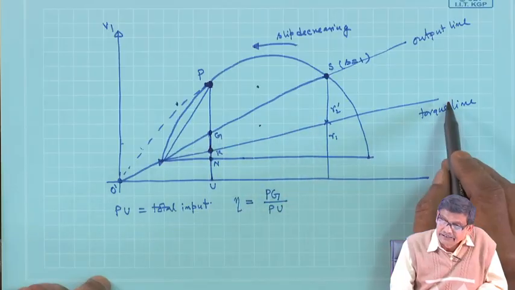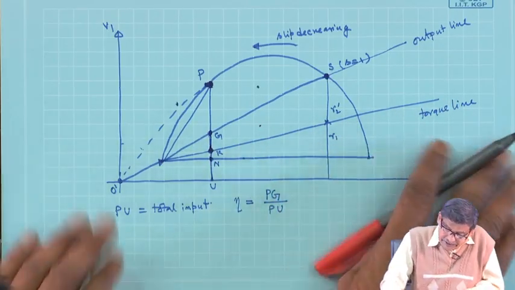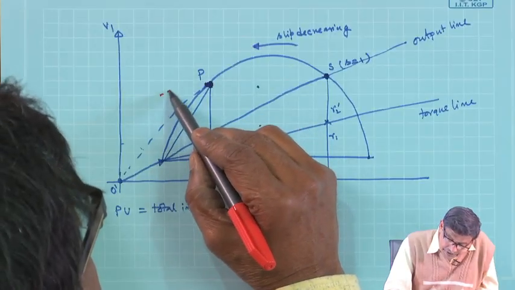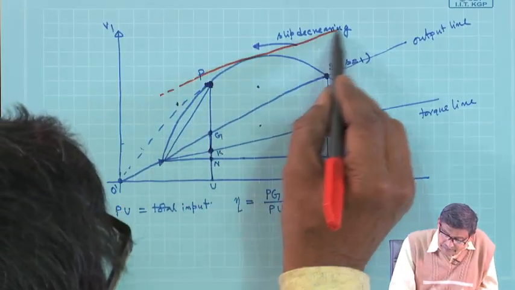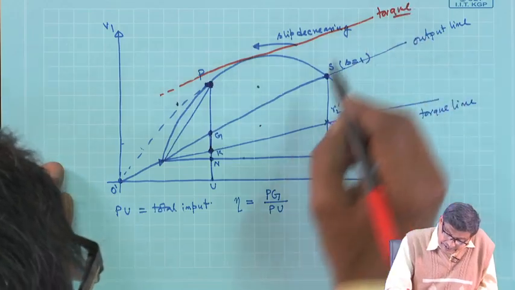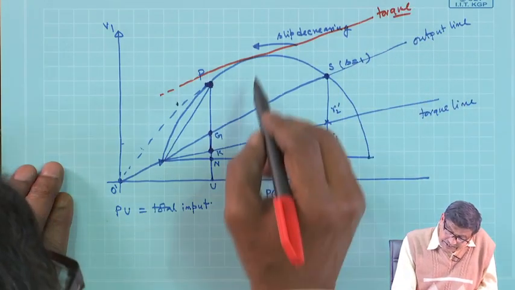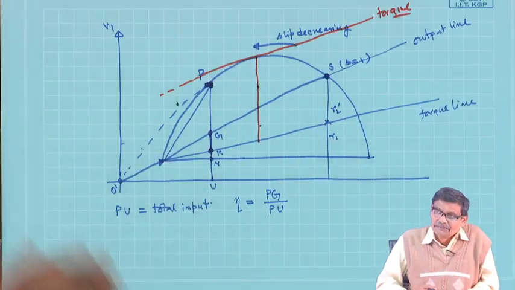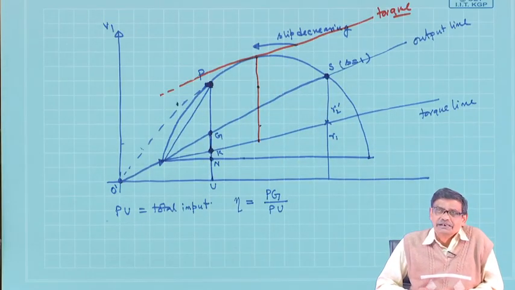Torque line is there, take a set square parallel to this torque line. Wherever this is parallel to the torque line, only then this intercept will be maximum. It can be shown.